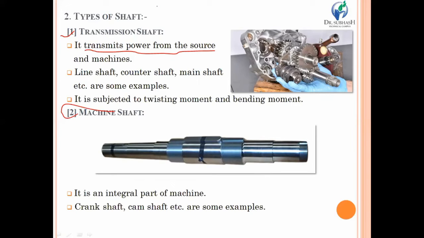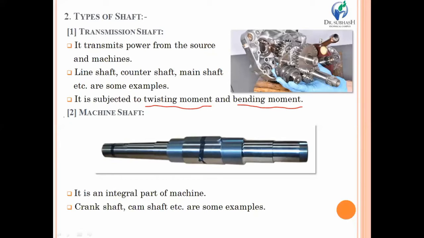Due to power transmission, tangential force and self weight, these transmission shafts are subjected to two basic loads: one is twisting or torque, and another is bending moment. So ultimately, transmission shafts are always subjected to twisting moment as well as bending moment.